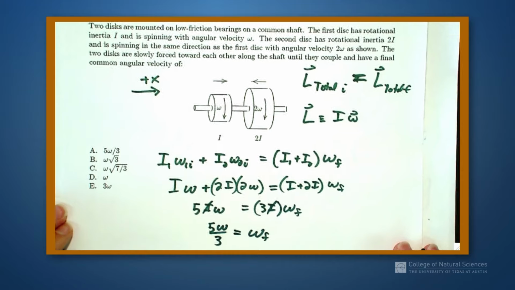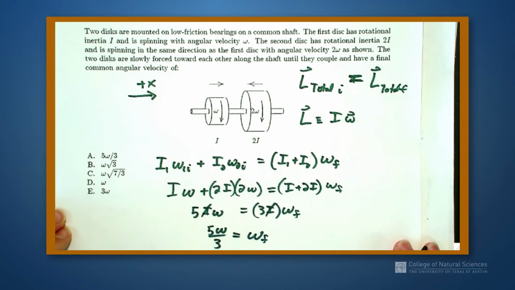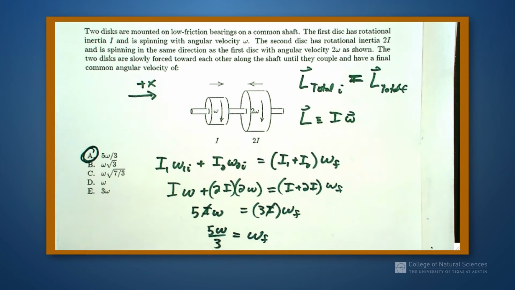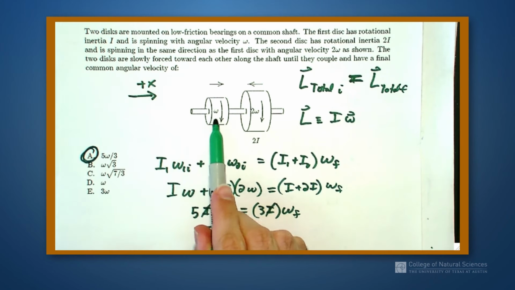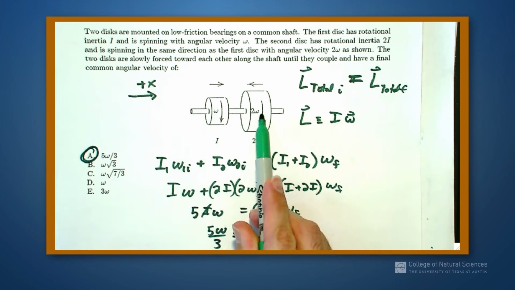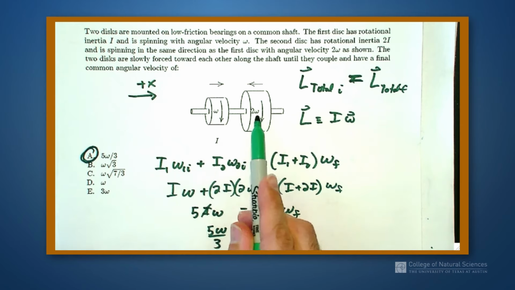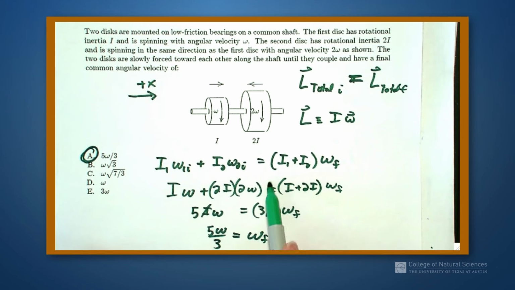So when I get to the very end, I see answer choice A is the right answer. With I omega and 2I, 2 omega, when they stick together, they combine their total moment of inertia, and they get a final omega for this.